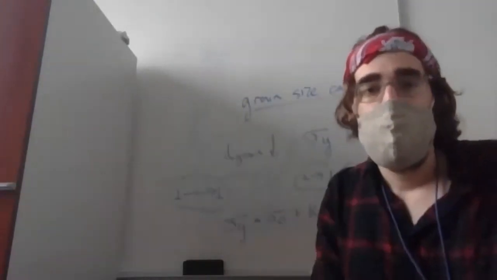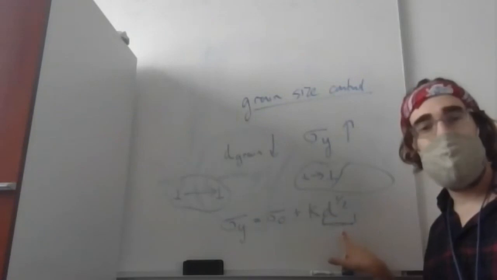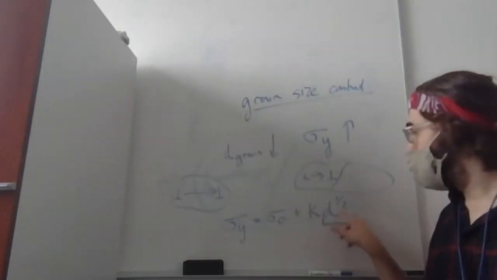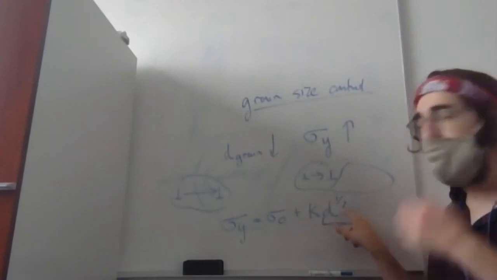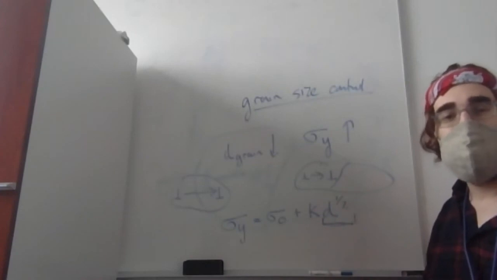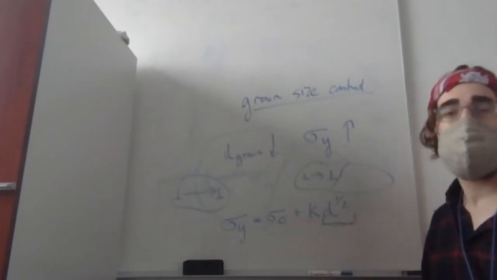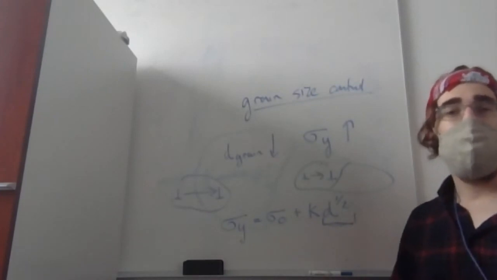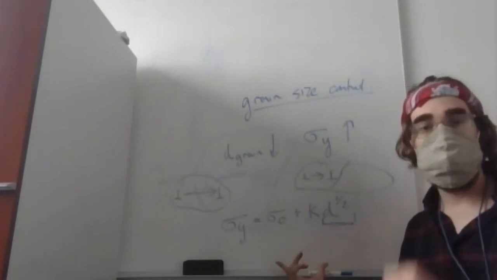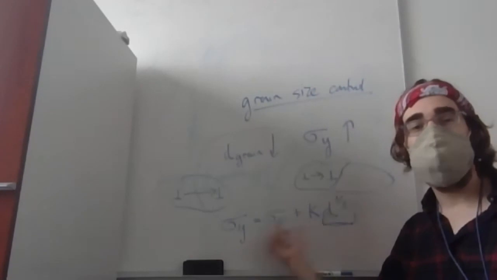Plot the data, and if you plot yield stress with respect to grain size, you will get a power relationship. From that graph, you can derive your two constants. That becomes really powerful because then you can use this relationship to predict tensile strength of materials based on grain size.